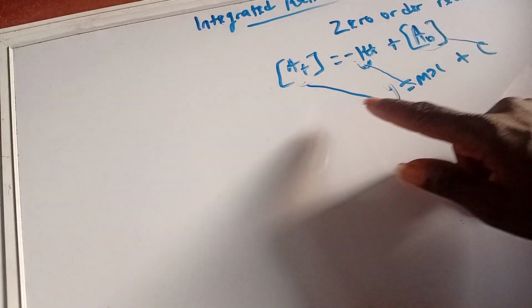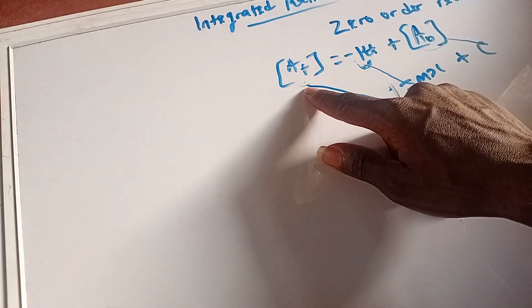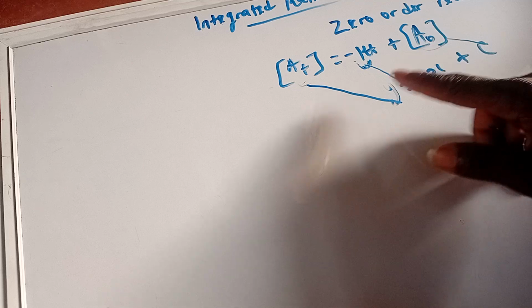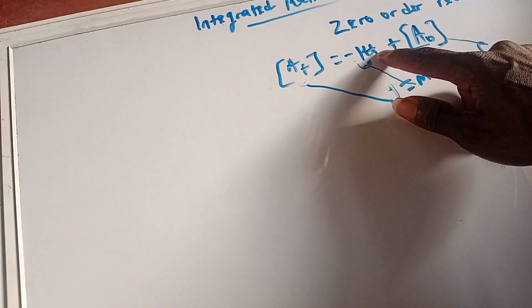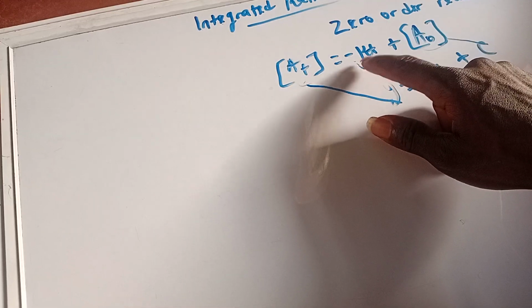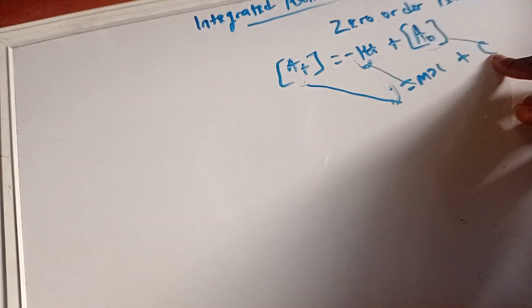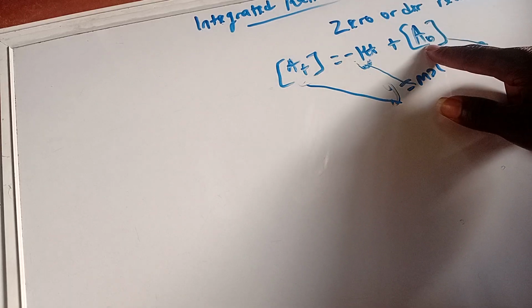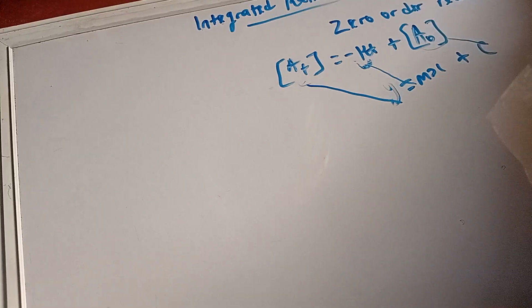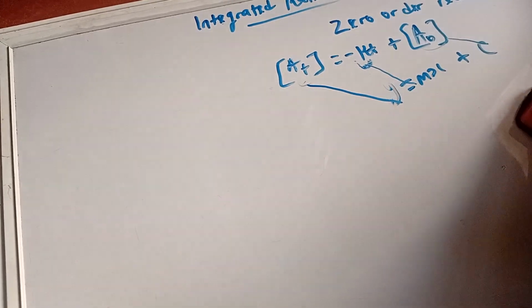Assuming you are plotting a graph for this, on the y-axis you plot your [A]t, on the x-axis you plot your time. So your slope will be minus k, while your intercept will be your initial concentration. So that's the zero order.